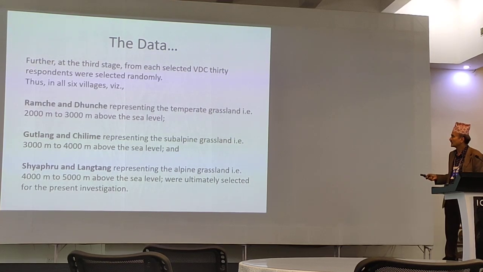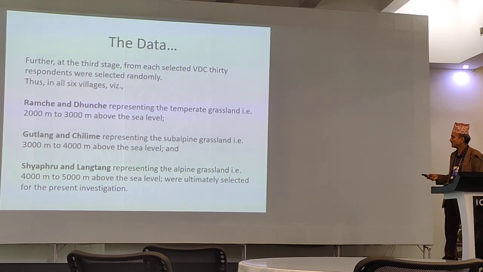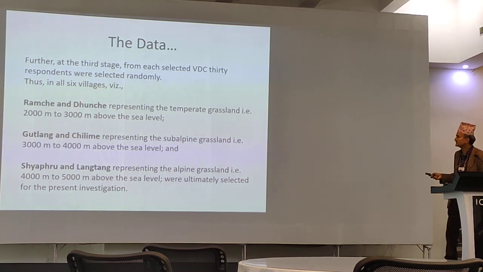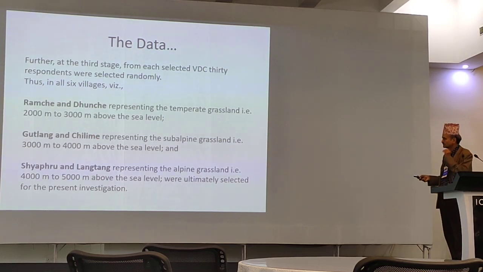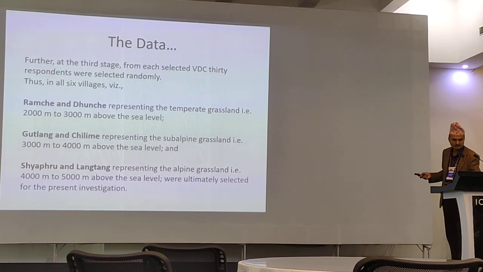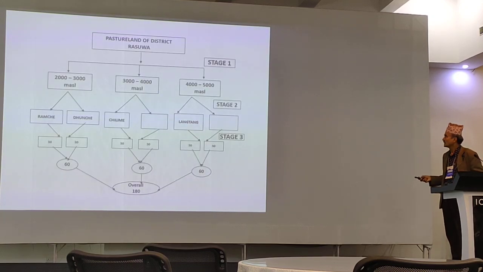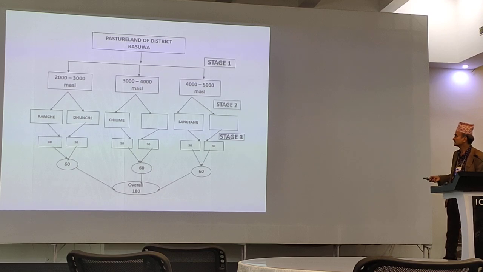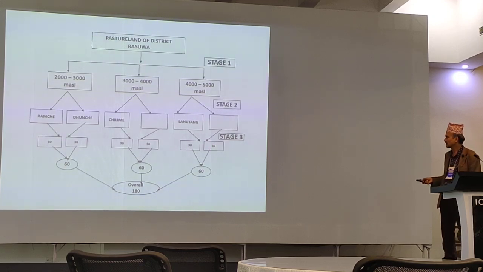In each, we have two VDCs, like Ramche, Dunche, Gatlang, Kilime, and each represents its own temperature. This was specified like this, and we have 60, 60, 60. From each village, we have 30 samples, and overall it is 180.